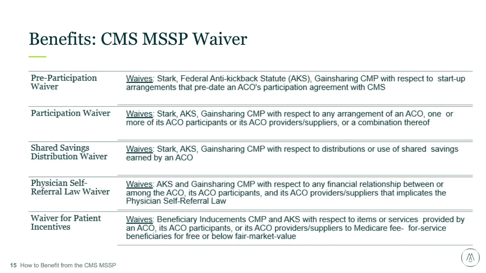The shared savings distribution waiver waives against STARK and the anti-kickback statute, the physician self-referral law. You can see here the theme: anti-kickback statute, we can gain share. The waiver for patient incentives waives beneficiary inducement, CMP and anti-kickback statute with respect to items or services provided by an ACO.